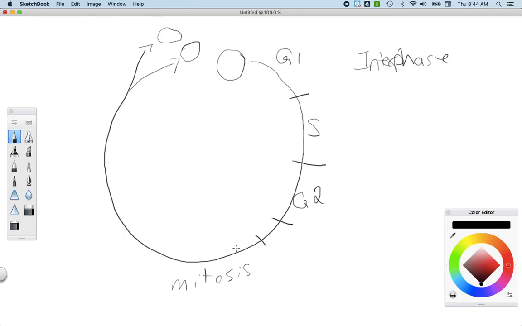In mitosis, we divided into prophase, metaphase, anaphase, and telophase. We called it PMAT. And that was followed by cytokinesis.